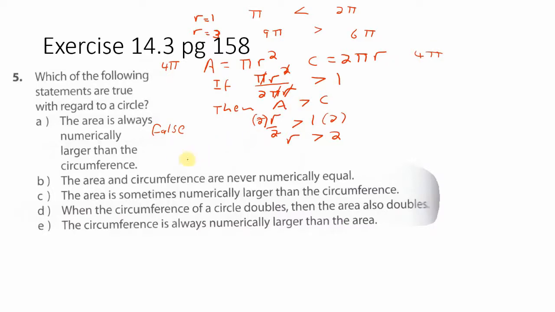So, in fact, there is a scenario where the area is exactly the same size as the circumference, and that is when the radius is exactly equal to 2. So this statement is false. We just showed it's true if the radius is 2.